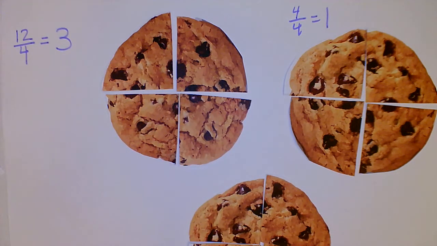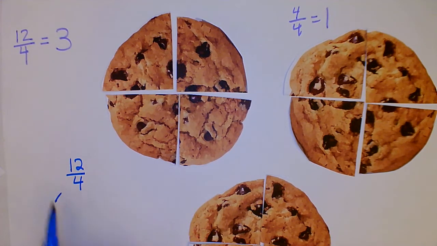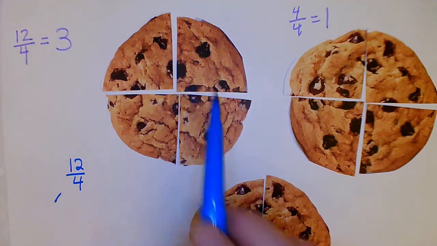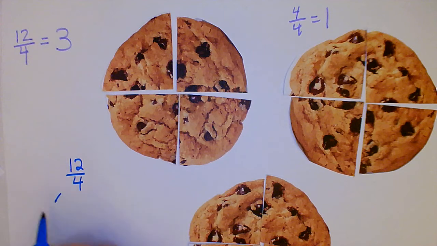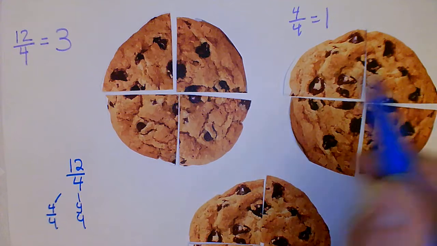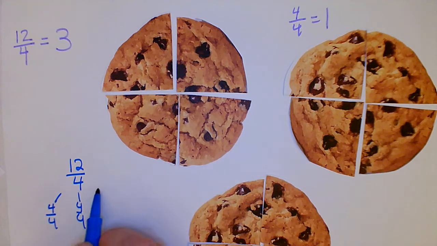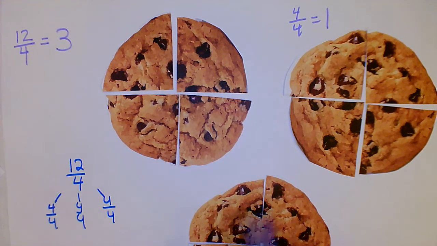So what I could have done is I could have taken my 12/4 and pulled out groups of 4 fourths. So I could have said 4 fourths for this cookie, another 4 fourths for this cookie, and then another 4 fourths for this cookie.